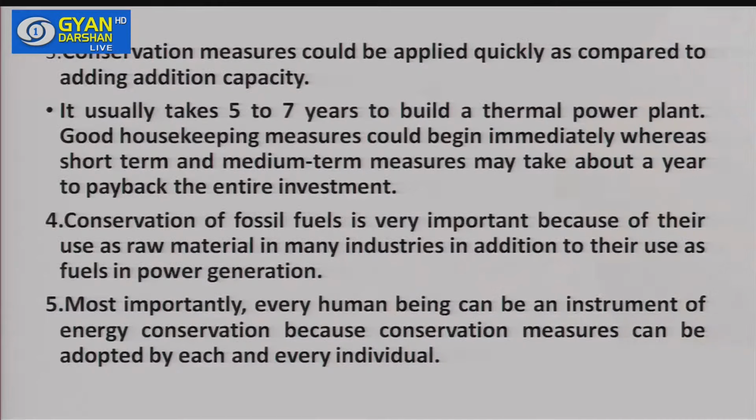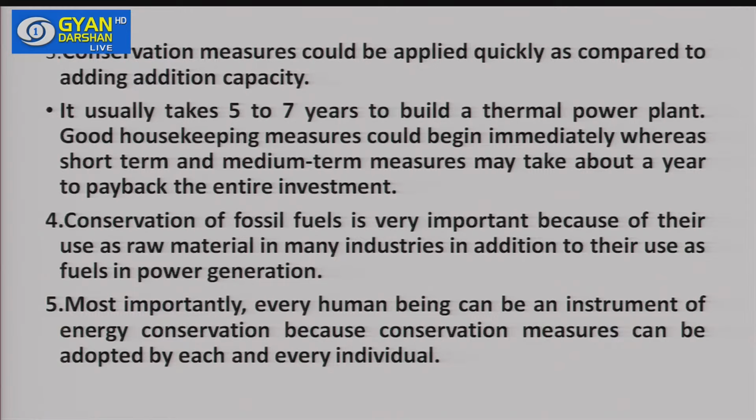So if we have a choice between conservation and substitution, my choice will always be energy conservation, because generally it takes a lot of time to generate the energy, a lot of resources are needed, and at the same time the transmission and distribution losses are also there.